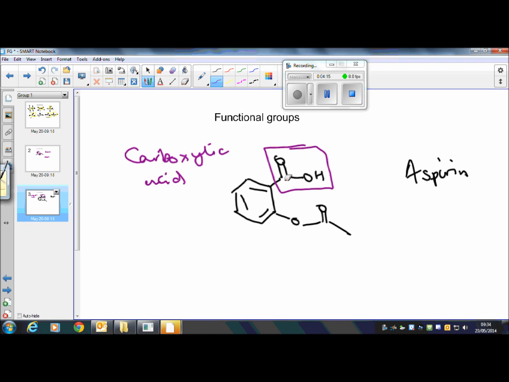Look how this oxygen is attached to that carbon. Here, we've got an alkene. Carbon to carbon double bond. And finally, we've got an ester group. C double bond O attached to an oxygen.